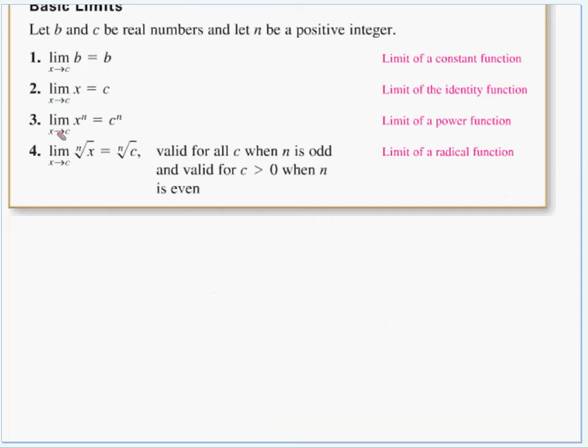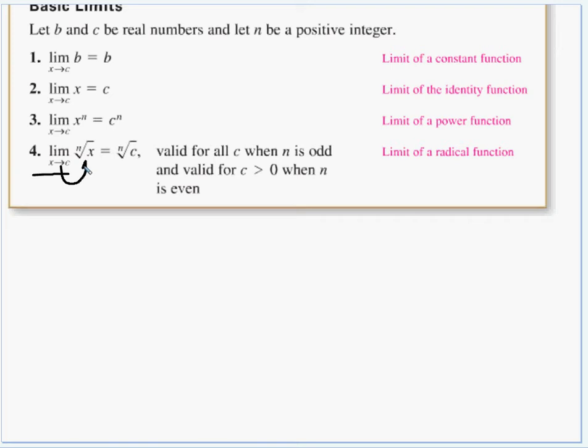For number 3, it also works for bases of exponents. The limit as x approaches c of x to the nth, we just take that c, plug it in for the x, becomes c to the nth. It also works for radicals. It says here, as we approach c, the nth root of x.